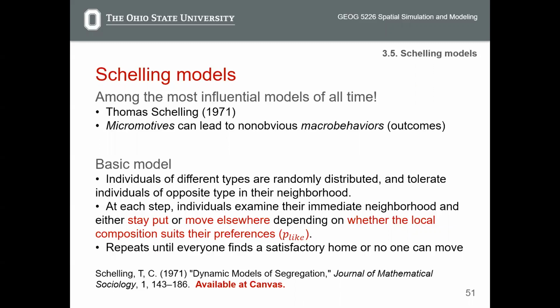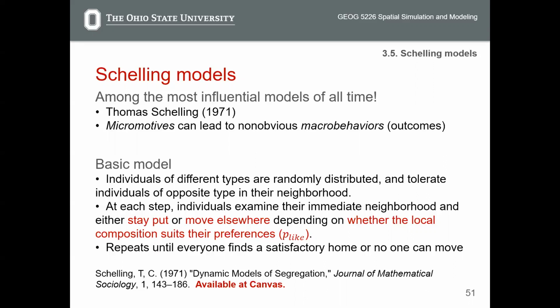At each step, individuals examine their immediate neighborhood. Of course, this neighborhood is defined by a user, and after that they can either stay put or move elsewhere depending on whether the local composition suits their preferences.